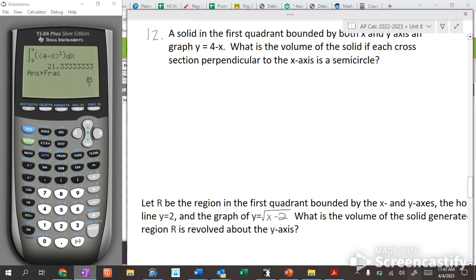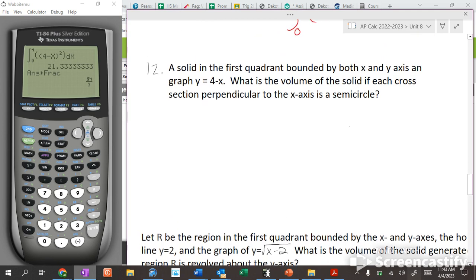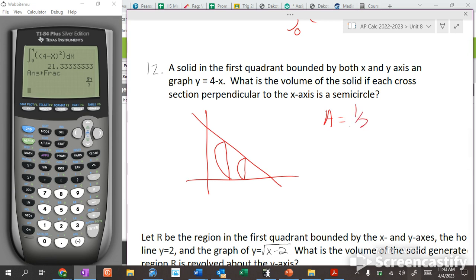Yep. Same thing. Same drawing. Except this time, we're doing semicircles. What's the area of a semicircle? 1/2 pi r squared. Yep, 1/2 pi r squared.